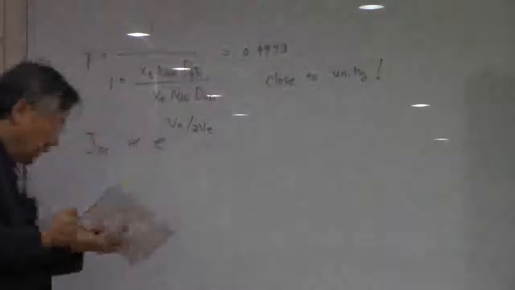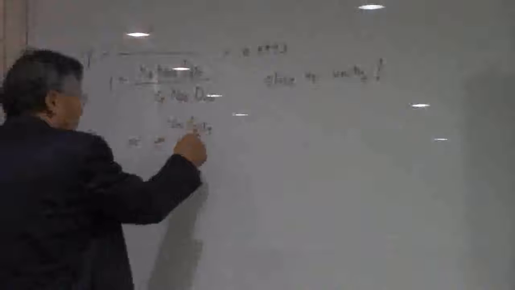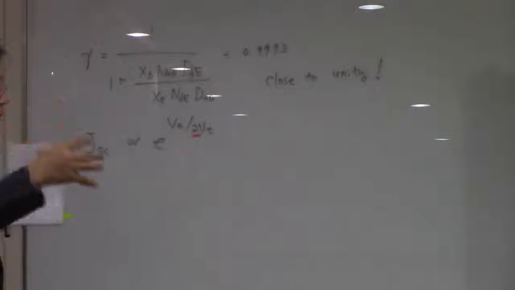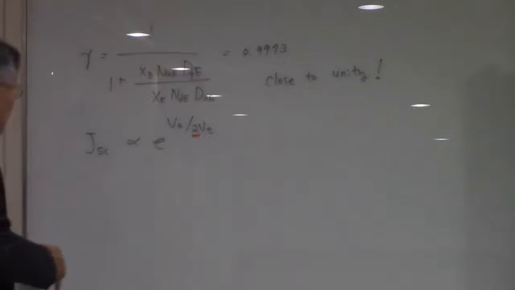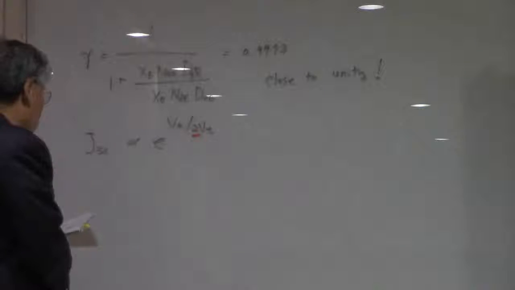Here it has to be emphasized that we have factor 2 here, right? Which is different from the former two cases. Former two cases, we just have VA over VT. We do not have 2. But in the space charge regions, since the electrons and the holes are to be combined in this space charge region, we should have 2 here if you do the calculation.